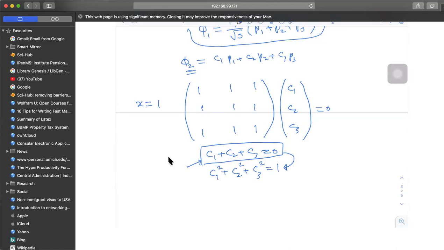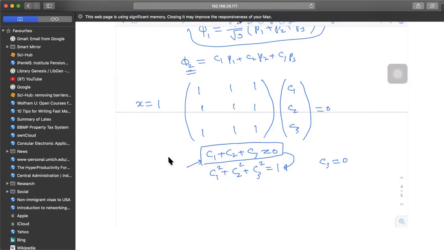If you are interested in one solution, you can say, okay, I'll put C3 equal to 0. But you could as well have put C2 equal to 0, and you would have got another solution that is perfectly acceptable. Or you could have put C1 equal to 0, then you will get another solution. It looks different, but that also is perfectly acceptable.